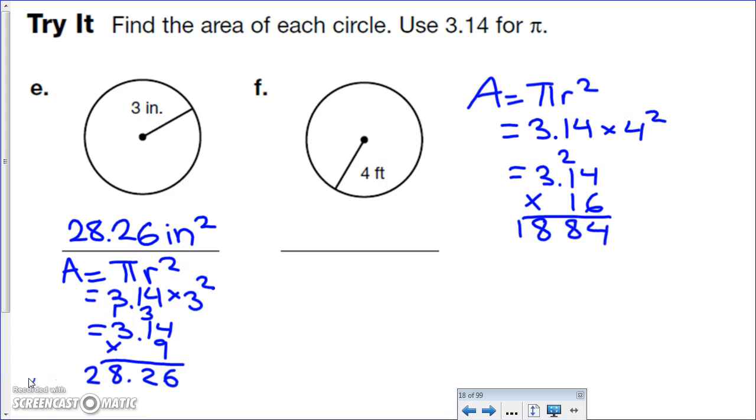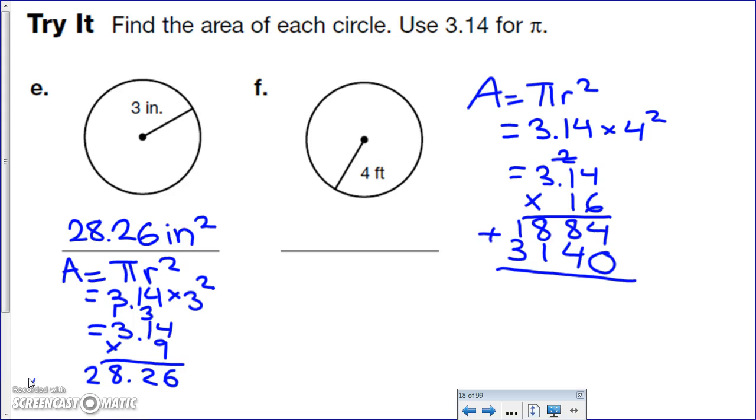Then we're going to put our place holding 0 and cross the 2 out above because we've used it. Then 1 times 4 is 4. 1 times 1 is 1. 1 times 3 is 3.